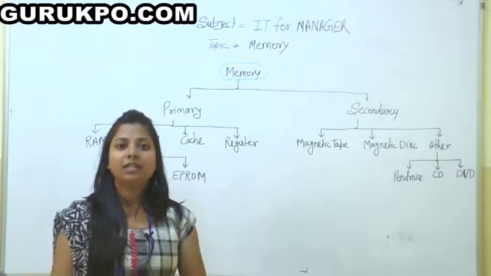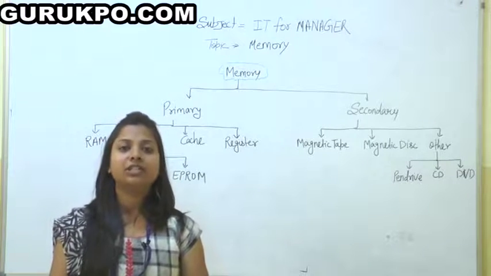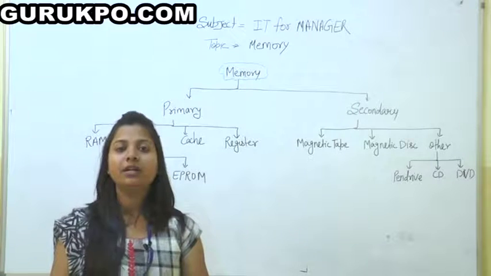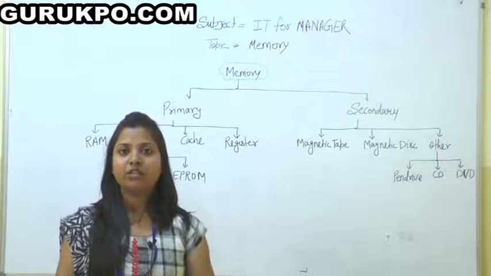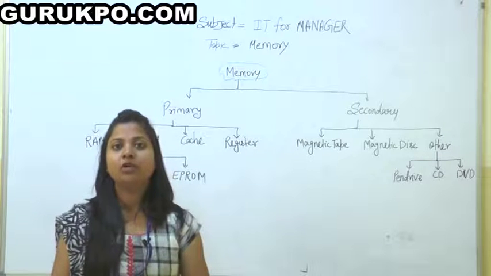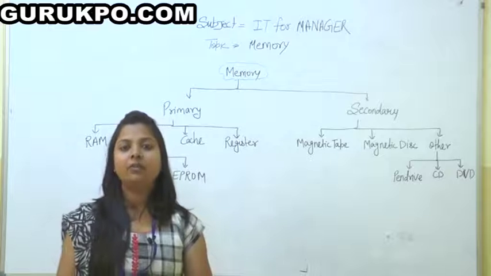For example, if we are working on a document, a presentation or any software in a computer, then we save it in any location of main memory. It is random access memory because we can store it anywhere and retrieve it from anywhere.